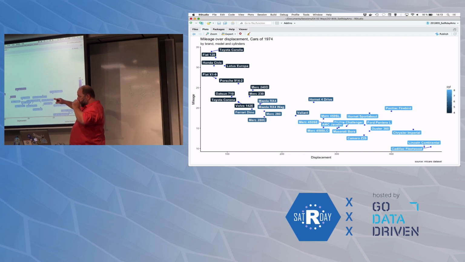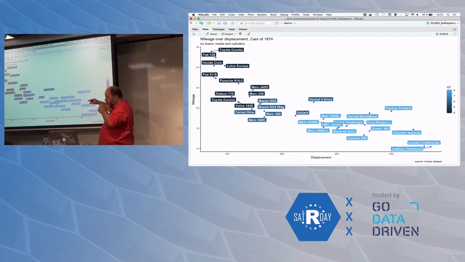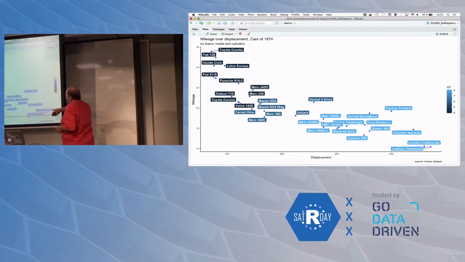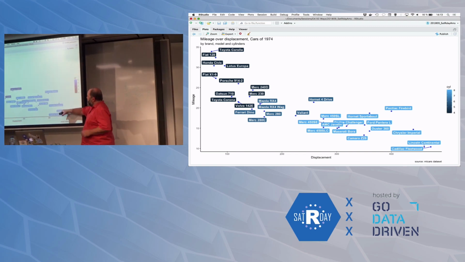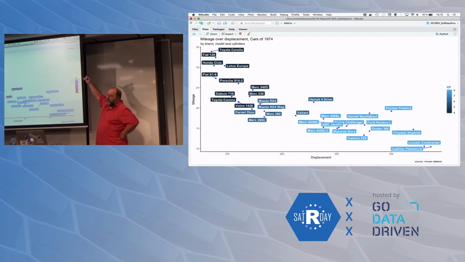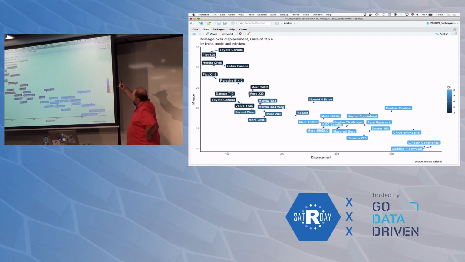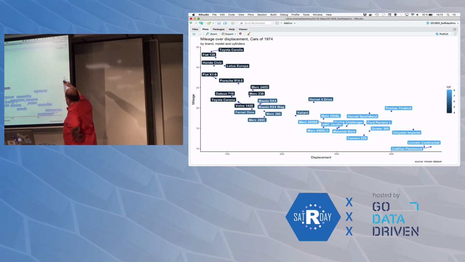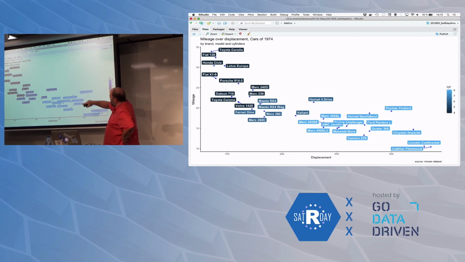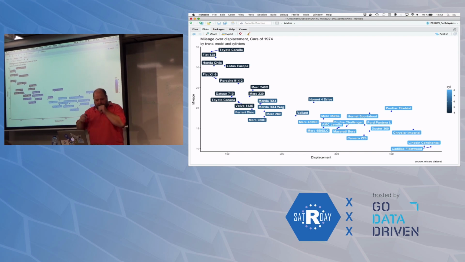It was not shades of blue, it was more like blue and yellow and red. Whatever. Also we got labels which now have a background color, and the background color contains the third dimension I had introduced before, so you can see that the bright blue ones are the 8 cylinders, and the almost black are the 4 cylinders, and so on.